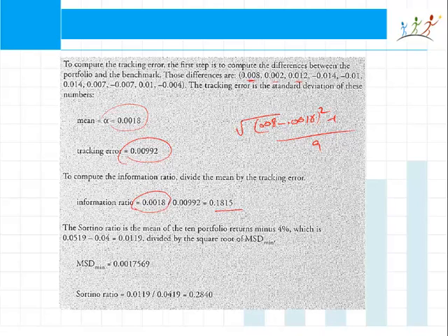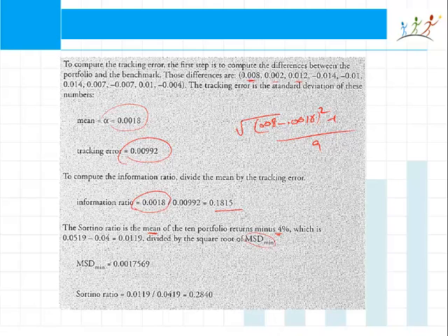The second part of the question asks us to calculate the Sortino ratio. So the Sortino ratio will be the mean return minus the minimum acceptable return, divided by the square root of the mean squared deviation below the minimum acceptable return.